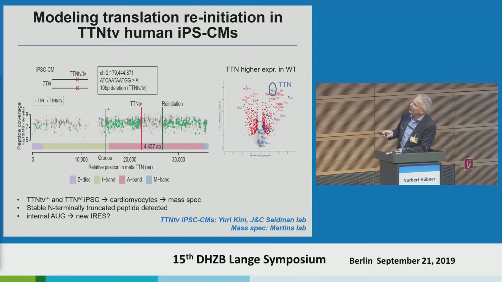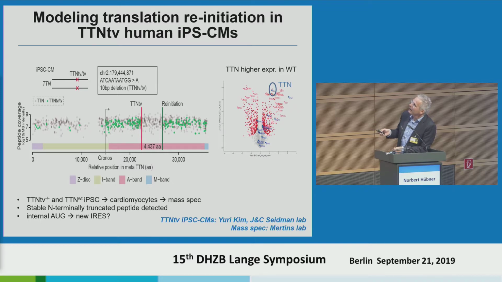This iPS cell line has been made in their lab, and we have then looked at the RNA synthesis of the titin gene in these cell lines. And what we can see is that the RNA is made across the entire spectrum before and after the stop codon that has been engineered, as we would expect.